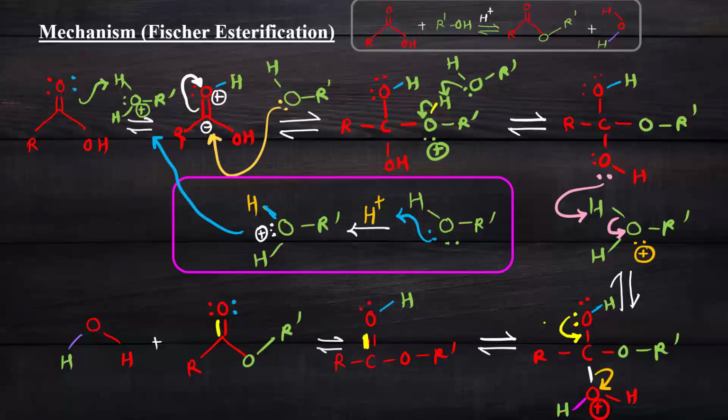So the carboxylic acid lone pair, meaning the lone pair of the carbonyl oxygen, attacks the hydrogen atom to absorb the hydrogen, and here a positive charge is formed. Then another situation comes in.